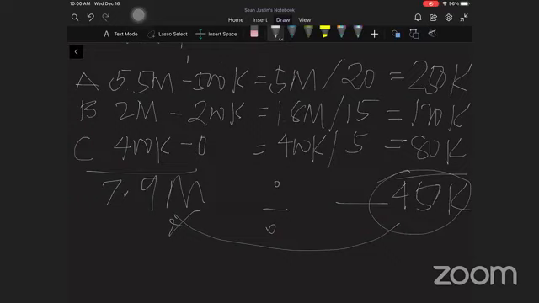That is equal to 5.70%, or 6% if you round off.